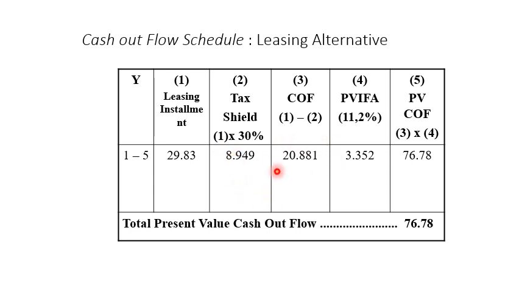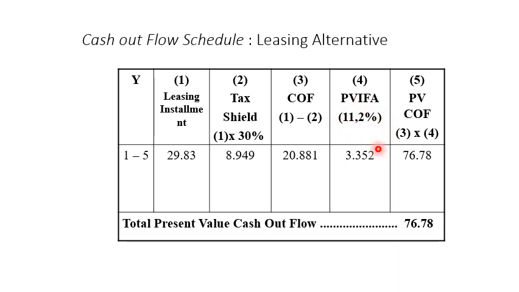The cash outflow will be 20.881, with the same reason as the loan payment and the lease payment with the begin period method. We will use the discounting factor for 11.2%.